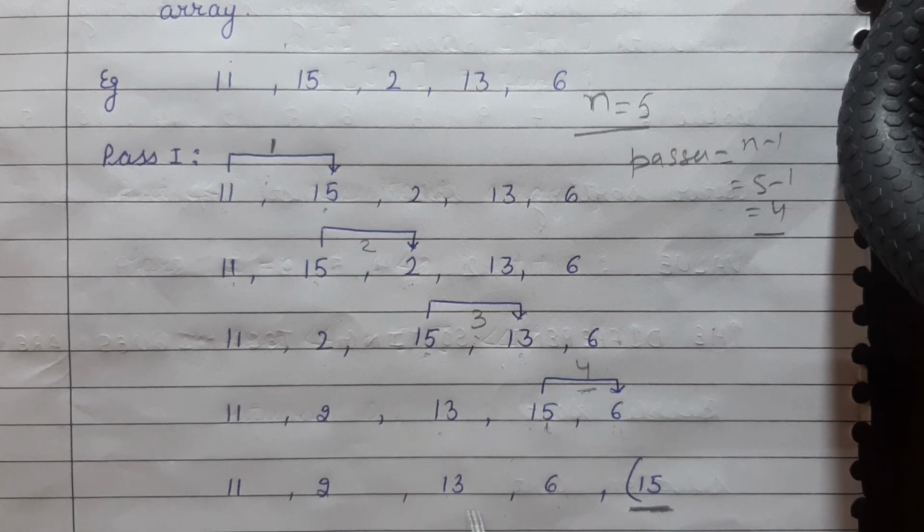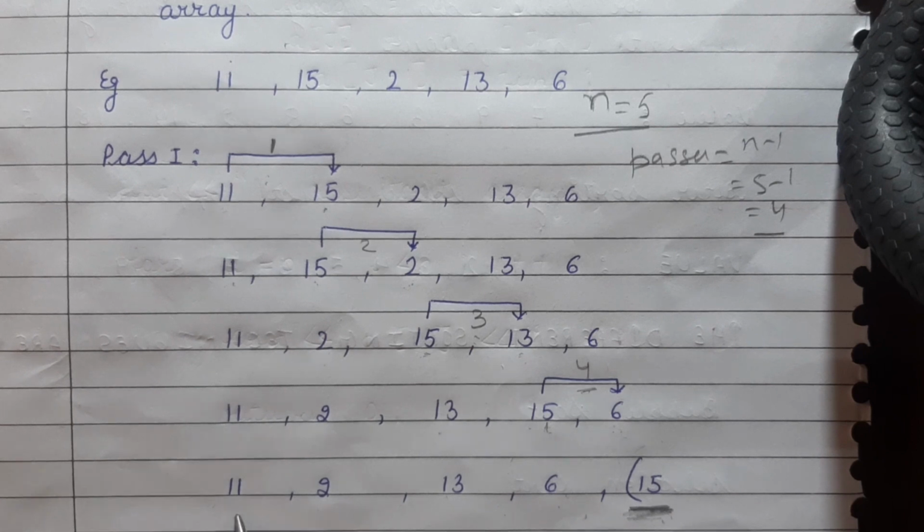So after completing pass 1, now we compare 15 with, there is no element. Further we have no element. So now pass 1 is completed. The thing is, after completing pass 1, your biggest element is placed at the right position. Now 15 is in the sorted list. Rest of the elements are in the unsorted list.